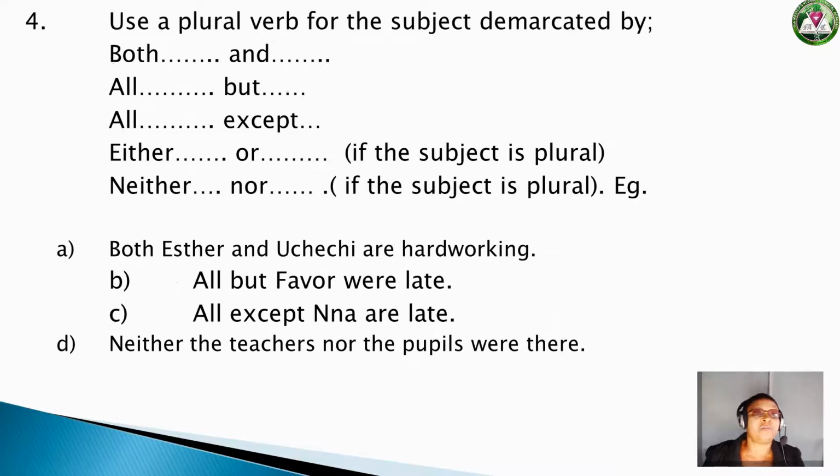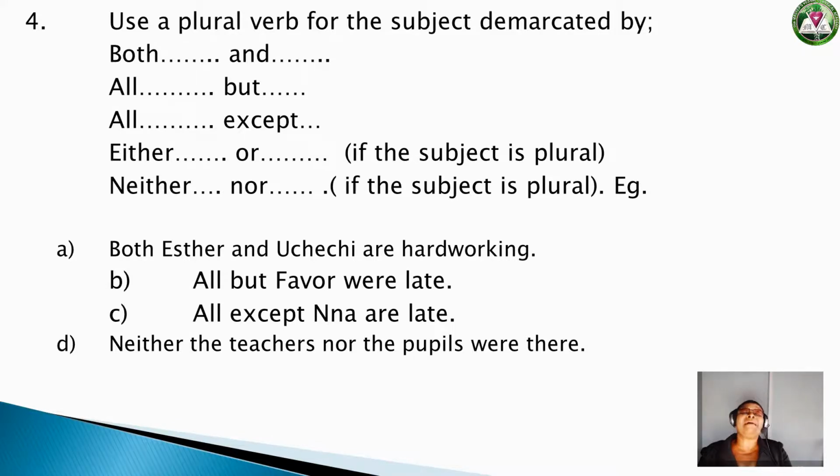Rule 4. Use a plural verb for the subject demarcated by both and all, but all, except either or, neither nor.